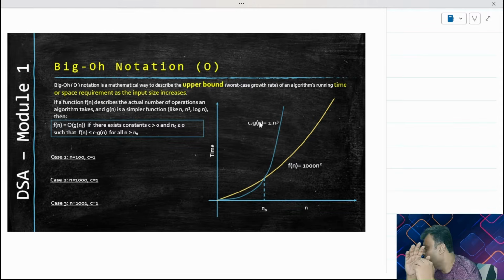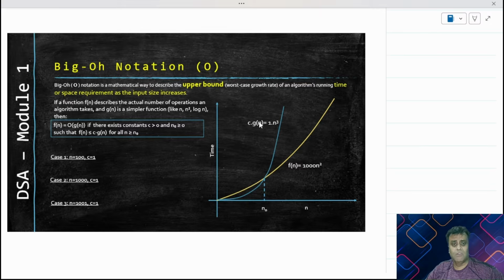So my point here is that it depends on the situation whether you are going to represent the upper bound as the worst case scenario, and whether you are going to represent the lower bound as a best case scenario.